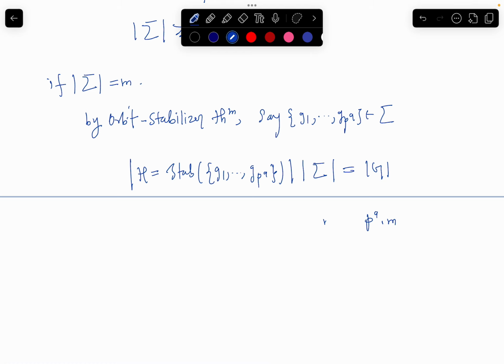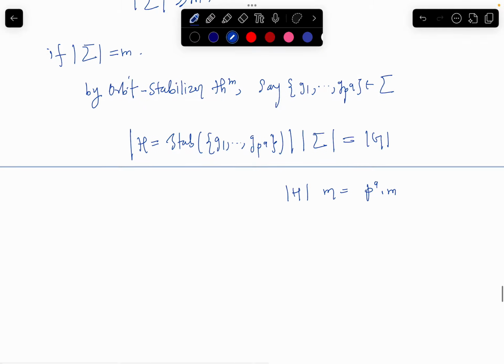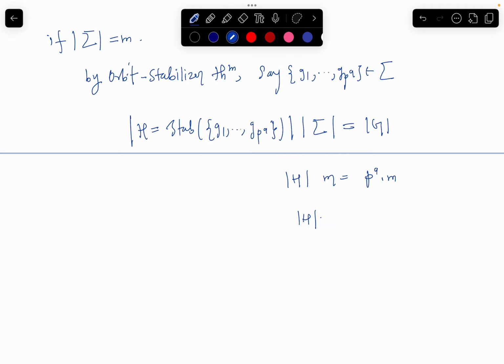The size of sigma is m, so the size of H is p power a. So the order of H is p power a. In that case we have now found a subgroup with size p power a. That's nice in this case when sigma is m.